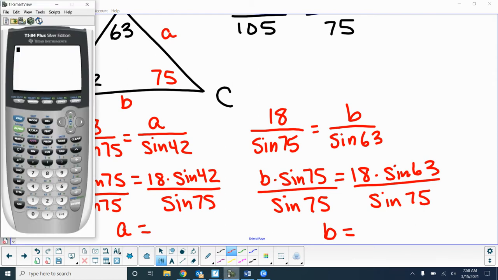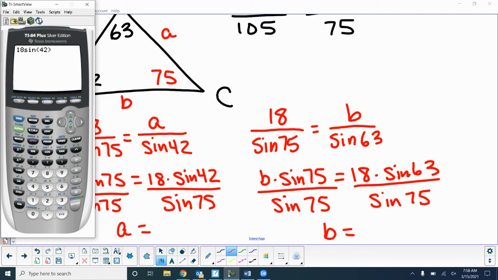So 18, I'll do the A first, 18. You can hit the times, you don't have to, if you just hit sine. I better check my mode first, make sure I'm in degree mode, and I'm not, so I would have got the wrong answer. All right, got it in degree mode. So 18 sine of 42. Now close that off.